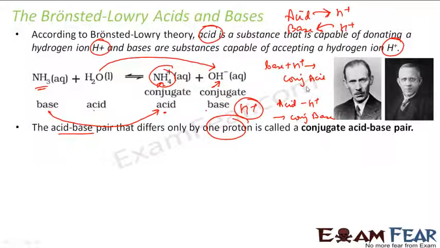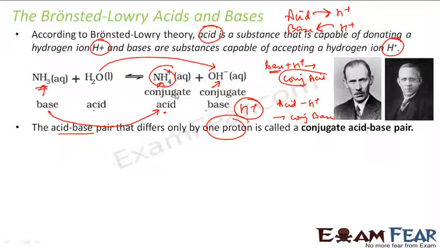On base, if you add H plus, then this compound has potential to give H plus, and it will become acid. Acid is something which has the potential to give H plus ion. So in base, if you add H plus, whatever compound you get, for example NH3 got one H plus, it becomes NH4 plus. Now NH4 plus is not capable of giving H plus. Maybe it may give.